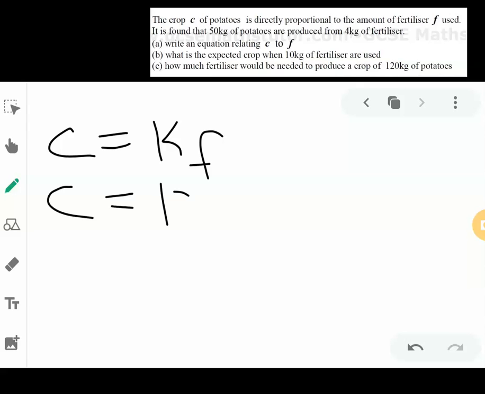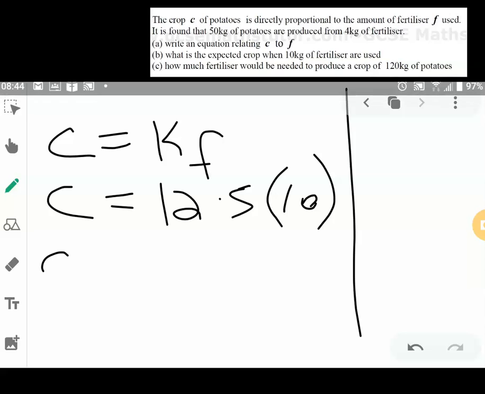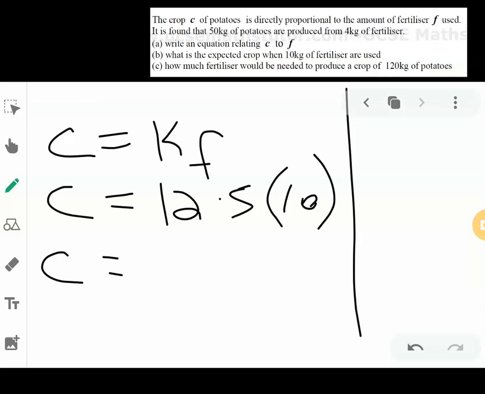We just found that K was 12.5 and F is 10. So C would be equal to 12.5 multiplied by 10, which is 125.